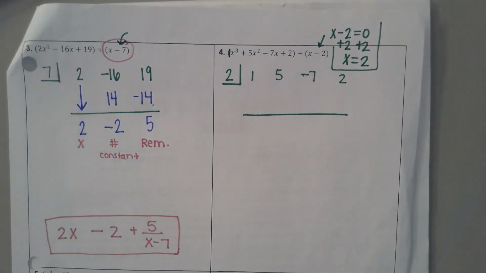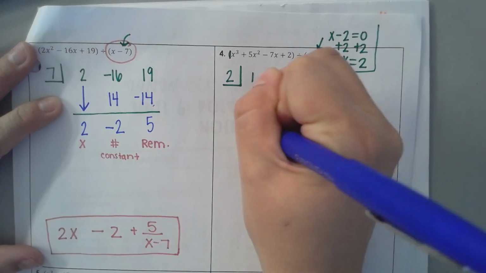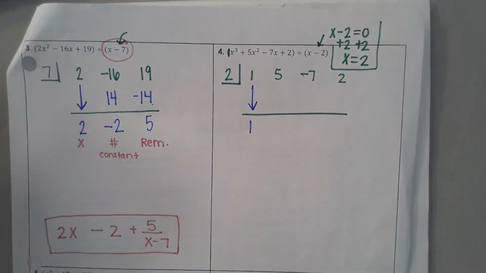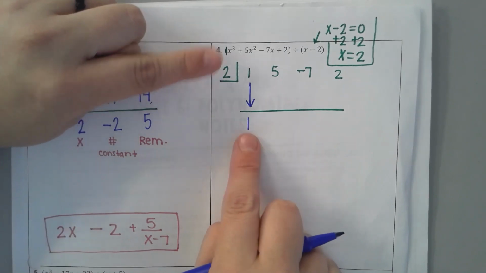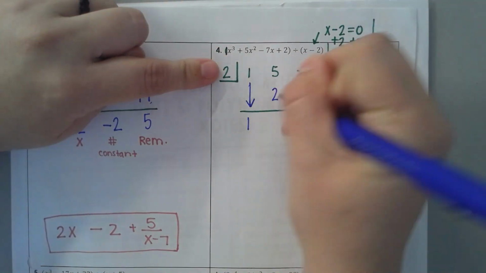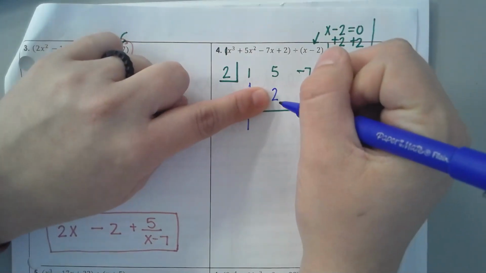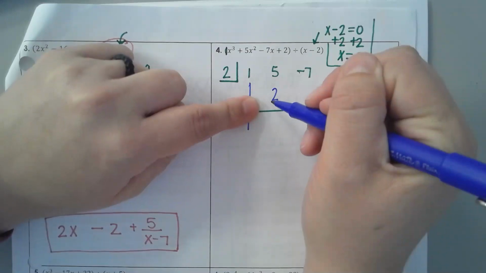So you always bring down your first number. So bring down the 1. And then you multiply. 2 times 1 is 2. Add. So it's multiply, add, keep going. So what's 5 plus 2?